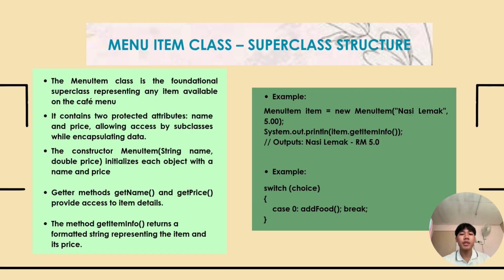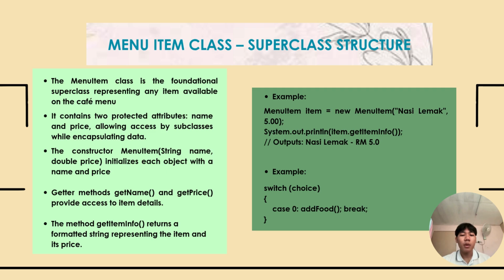Menu item class for superclass. The menu item class is the foundational superclass representing any item available on the cafe menu. It contains two protected attributes, which is name and price, allowing access by subclasses while encapsulating data. The constructor MenuItem is String name and double price.